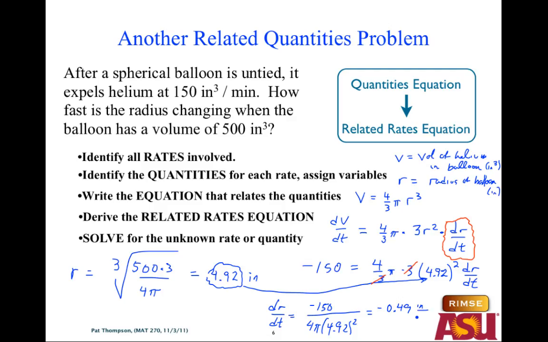Yes. Okay, so about half an inch per minute at that moment. So at that moment, the radius is shrinking about half an inch a minute when the volume is 500 inches cubed.